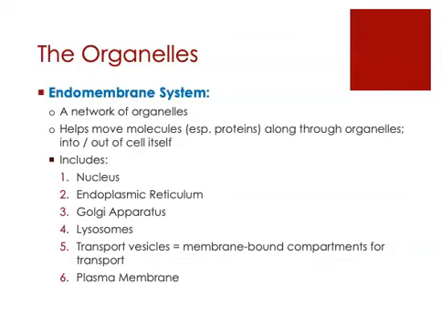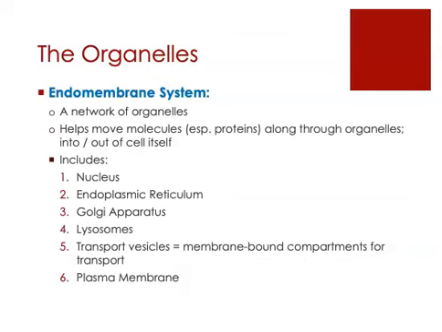The reason that these organelles are associated with each other, in some cases actually connected to each other, is because they all play a role in one of the most important things that happens in a cell, which is the production of protein. So the endomembrane system functions to move molecules, particularly proteins, along through the different organelles and actually into and out of the cell itself.